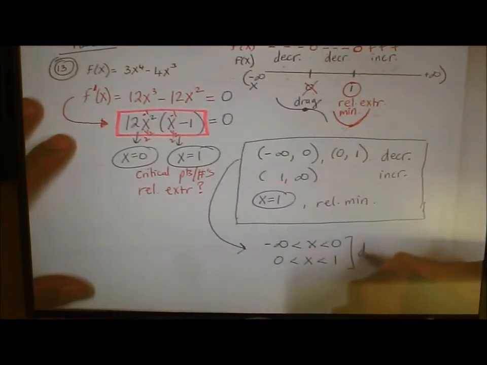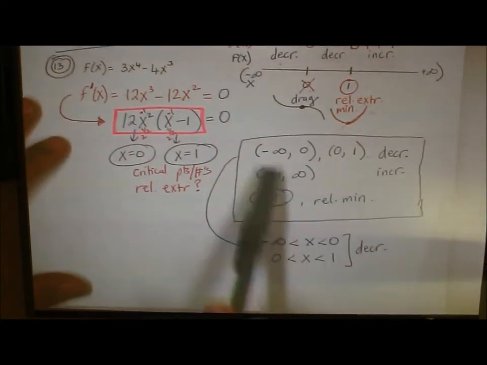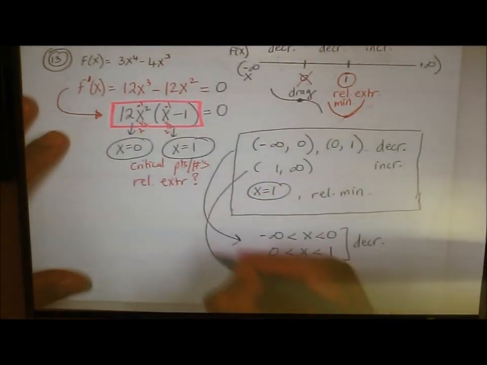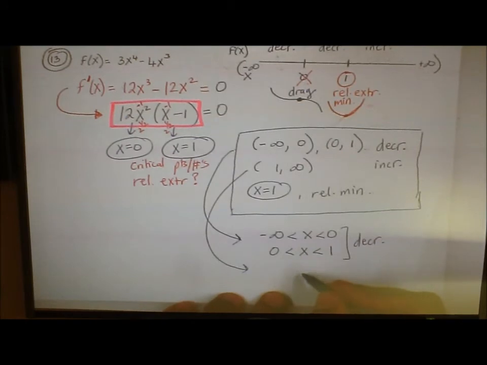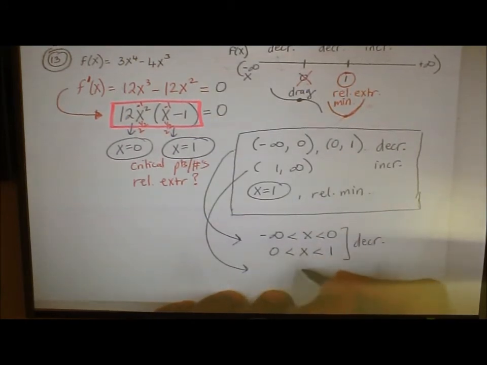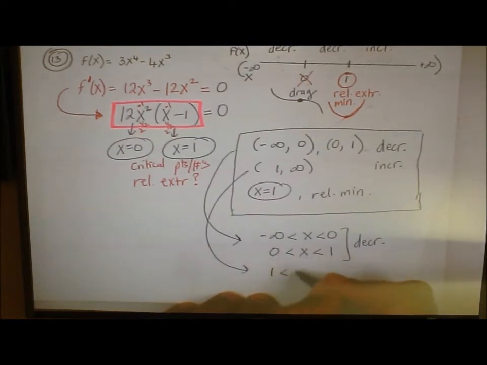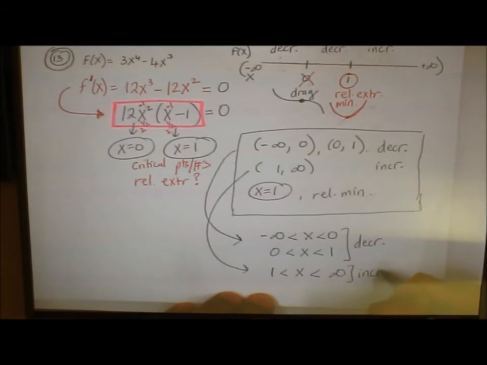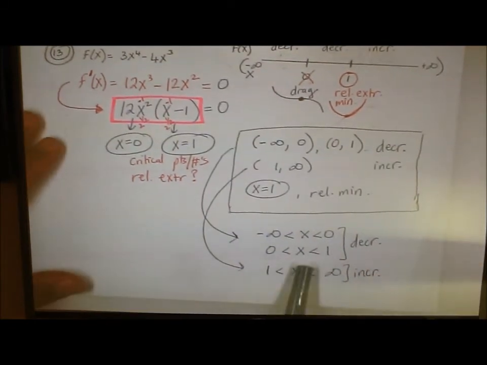These would be my decreasing intervals. Okay? So this is interval notation, and this is inequality notation. And then one less than x less than infinity for my increasing inequality notation.